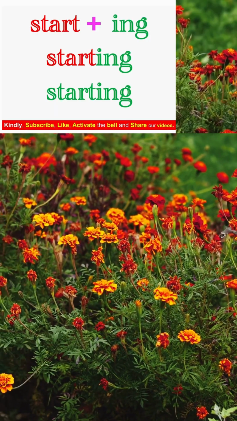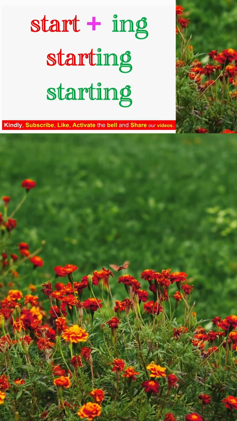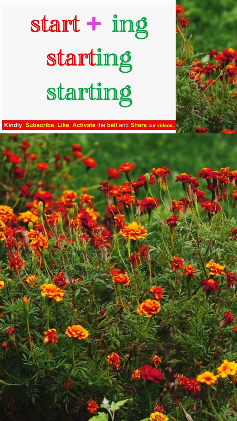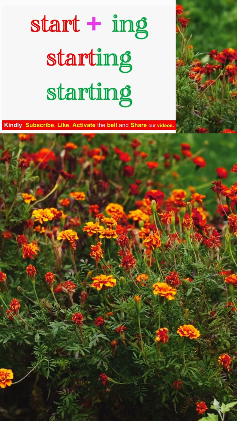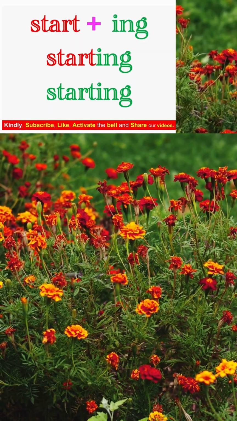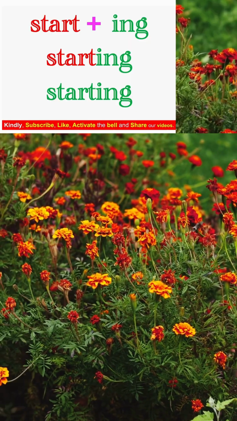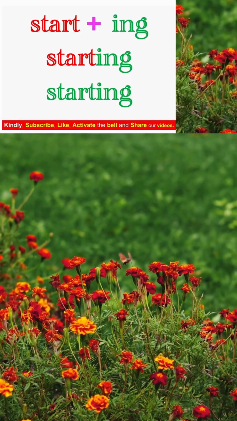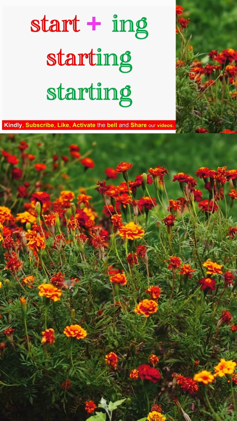I am starting. So today we are going to practice just verb plus ing, and in the coming lessons we are going to make this form into a sentence with verb to be, so to give us present continuous.